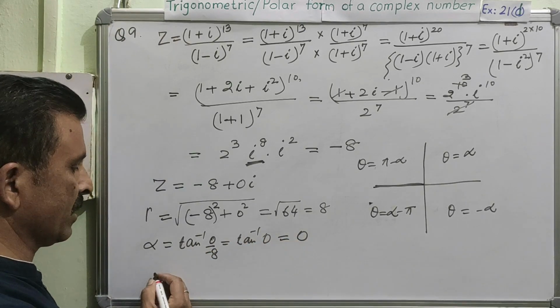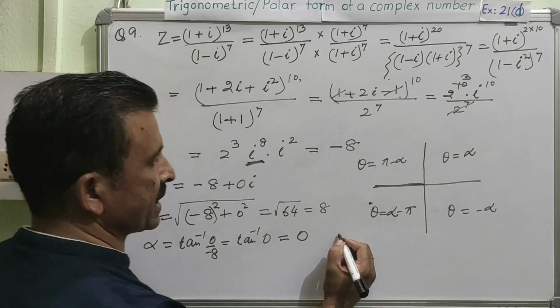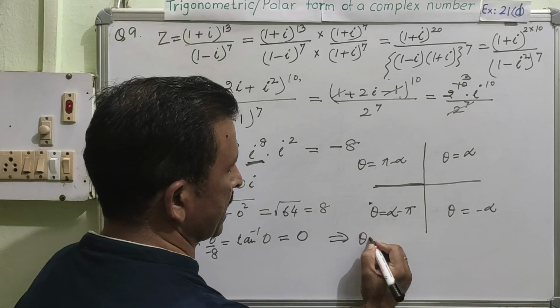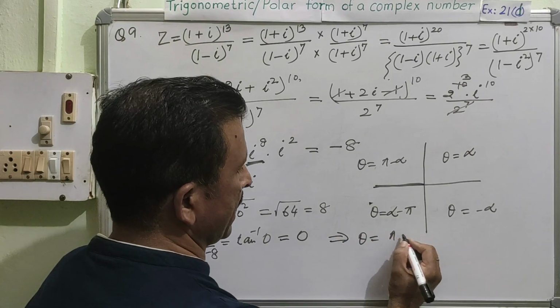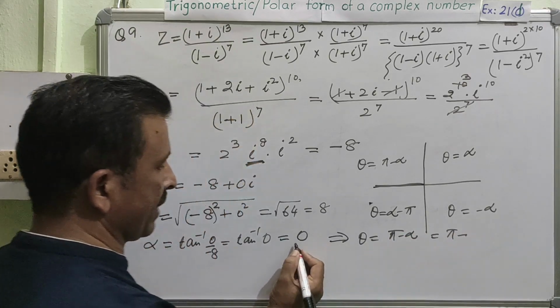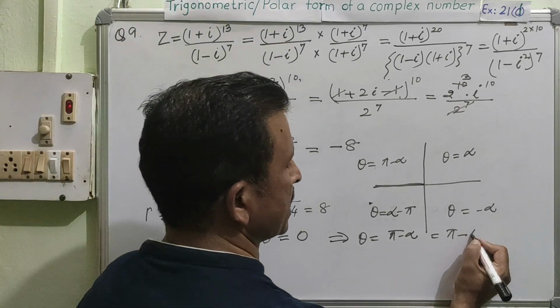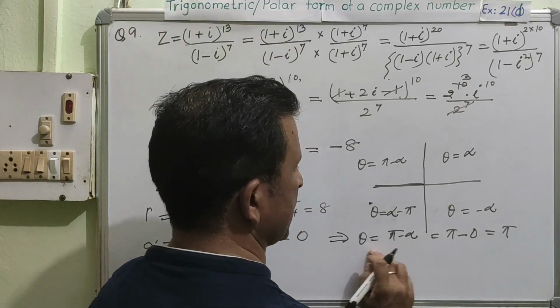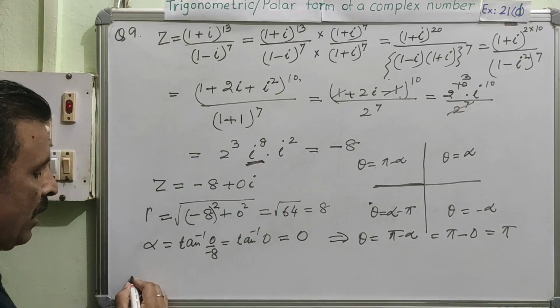Clear? Now therefore we can have the theta. This implies theta will be equal to pi minus alpha, whereas pi is pi and alpha we have calculated is equal to 0. So this is equal to pi. Therefore theta is equal to pi. Now we can have the polar form.